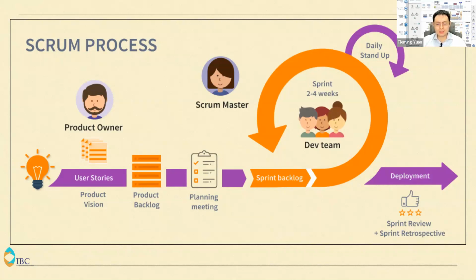So a typical Agile team is 5 to 11 members. Some teams may be slightly bigger, some slightly smaller, but the comfortable range is 5 to 11 members. That's the Scrum process.